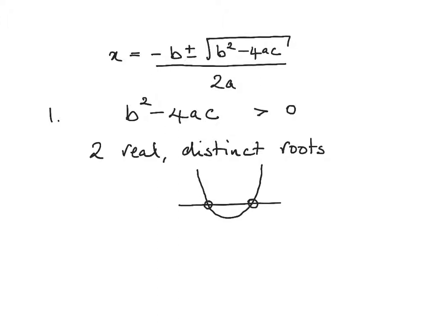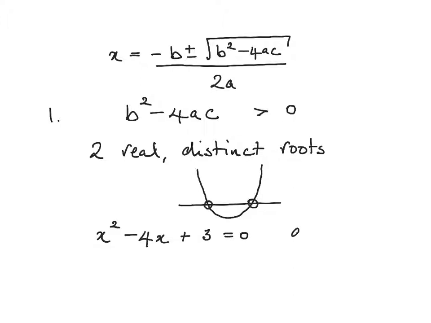Now we could take a specific example. So we have the quadratic equation x squared minus 4x plus 3 equals 0.